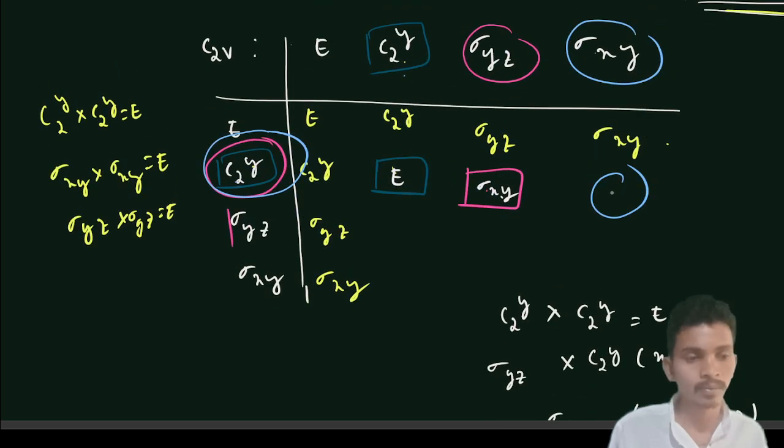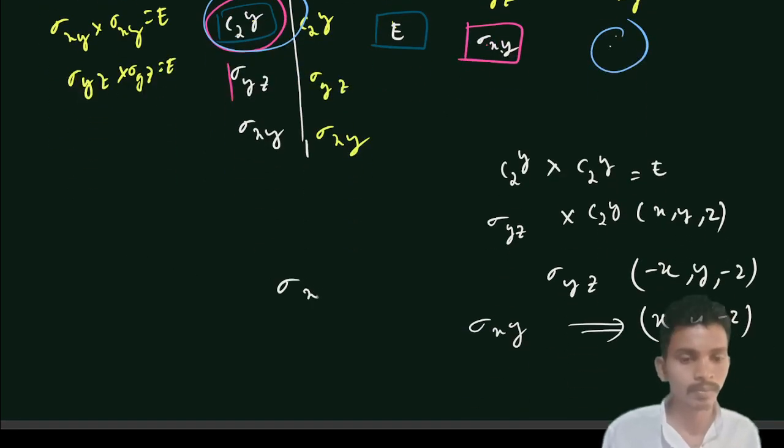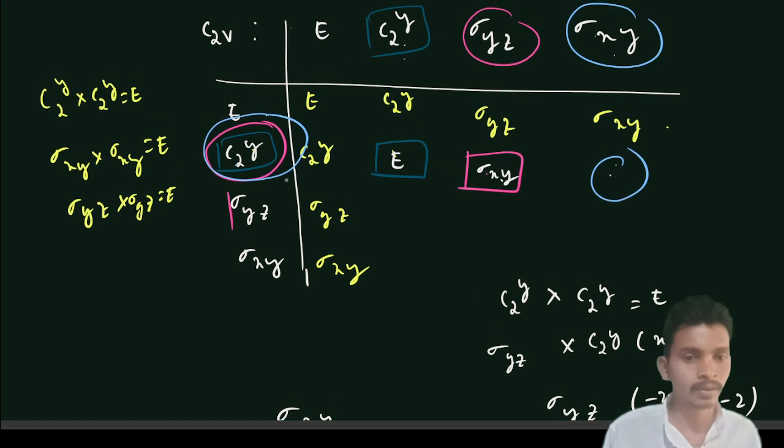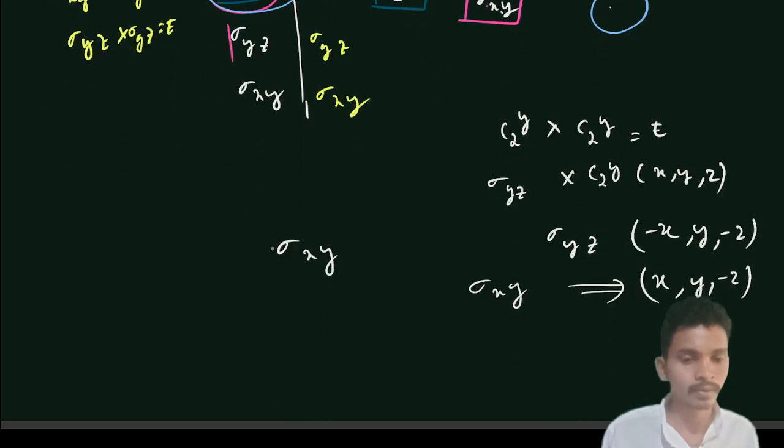So now here to get this value I have to multiply this with this. So I have to multiply sigma xy into c2y. So you put x, y, z.